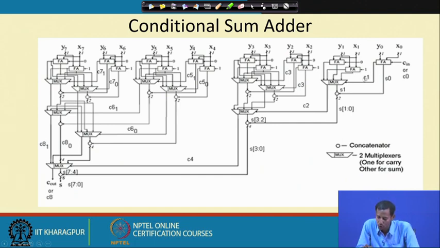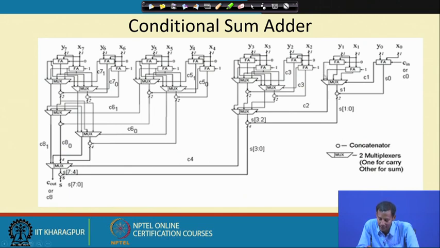But here what we are following is that we are initially guessing, or predicting, the sum and carry values considering the carry input bit as 0 and as 1.